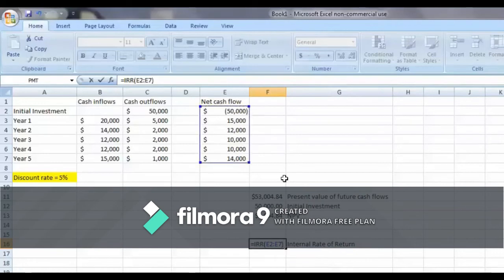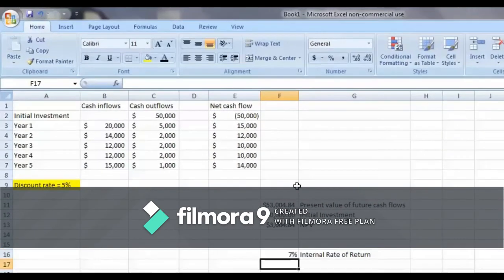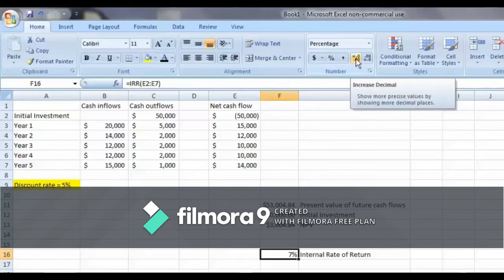Close that function and hit enter. And we can see that this project has an internal rate of return of 7%. To be more precise, click on that result, come up here to the increased decimal shortcut button, and click it twice. This project has an internal rate of return of 7.21%.